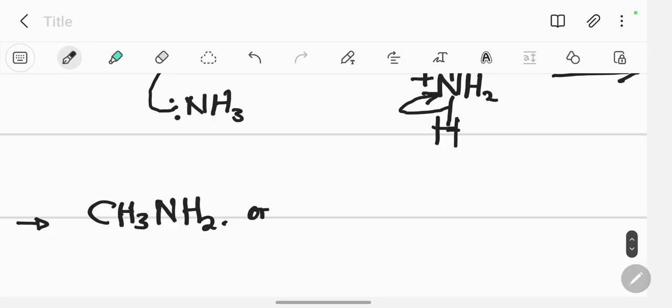Or let me just write R NH2. Any amine can do the work, and this is what I mean. If you intend to form secondary amines, they can be formed by reacting a primary alkyl halide and a primary amine.